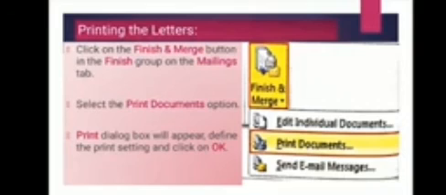In the mailing tab, you will get the option of the finish and merge button. Click on it. Then select the option of print documents. Then the print documents option will appear on your screen from the drop down menu. Now define the print settings and click on the OK button.